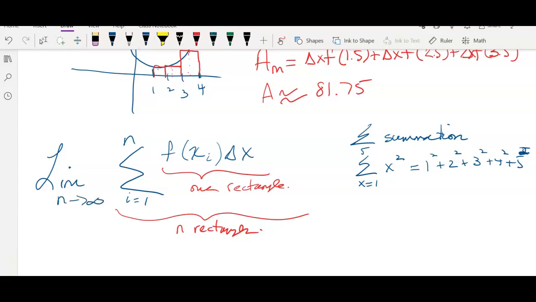And now this becomes how many rectangles? That's the formula we're going to use. I'm going to skip some of the algebra in it, but we're going to do it. We're going to go to infinity with our rectangles.